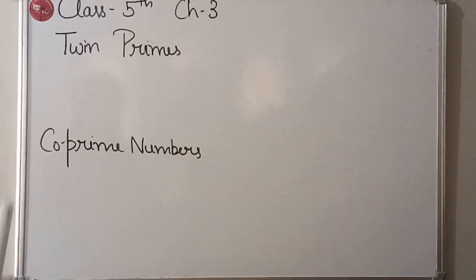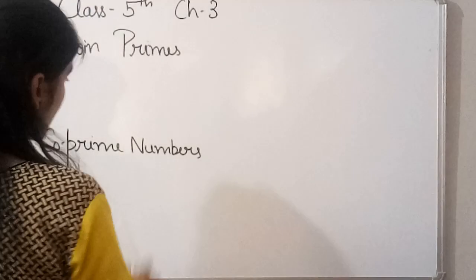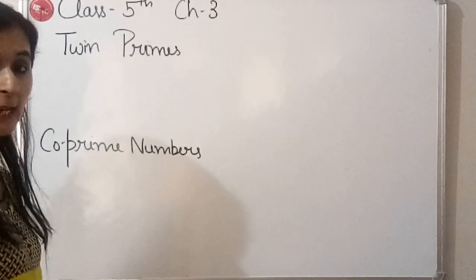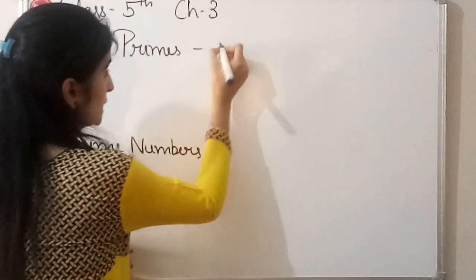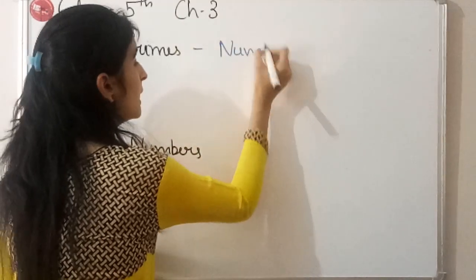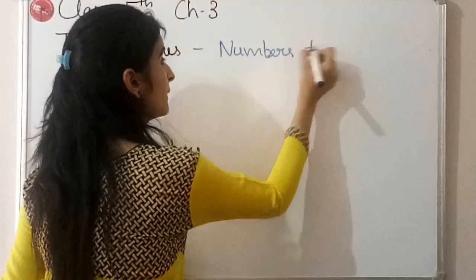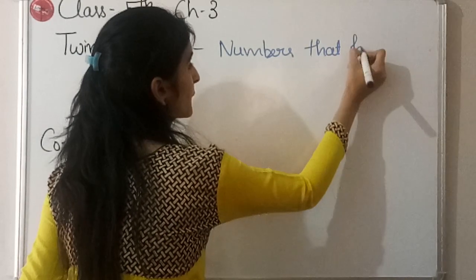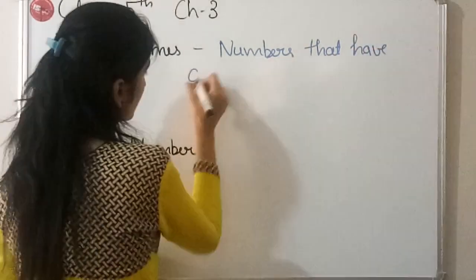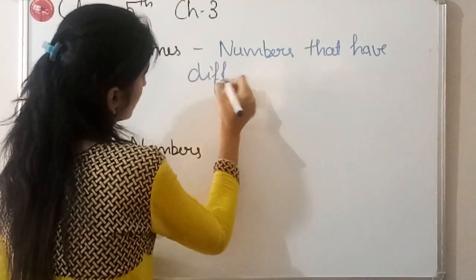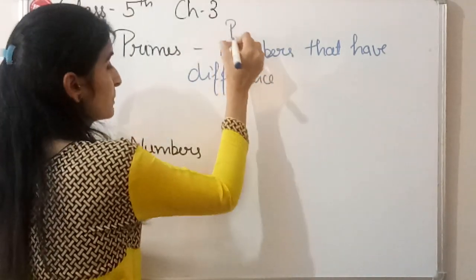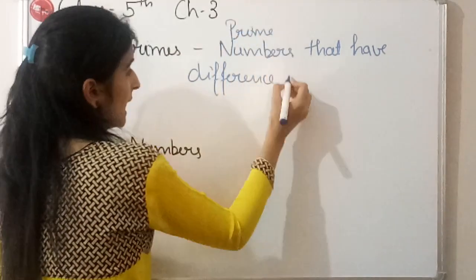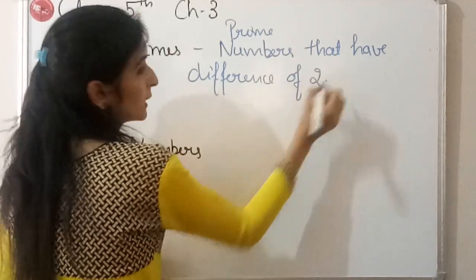Next we have twin primes and co-prime numbers. So what are twin prime numbers? Children, twin prime numbers are the prime numbers that have a difference of 2.